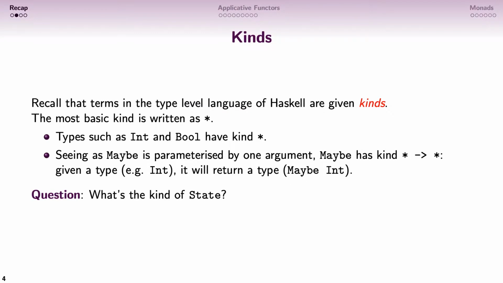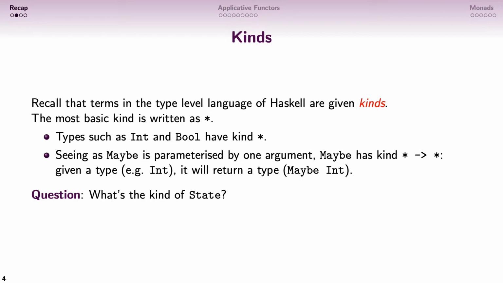So let's just remember from a few weeks ago when we introduced kinds. Kinds are essentially like the type system of the type system. So a type like Int will have a kind like star. Star is the basic kind, and that just means the kind of types that have values.